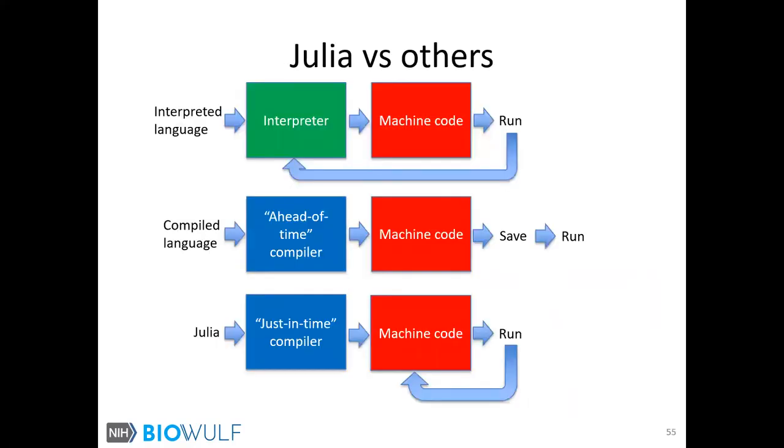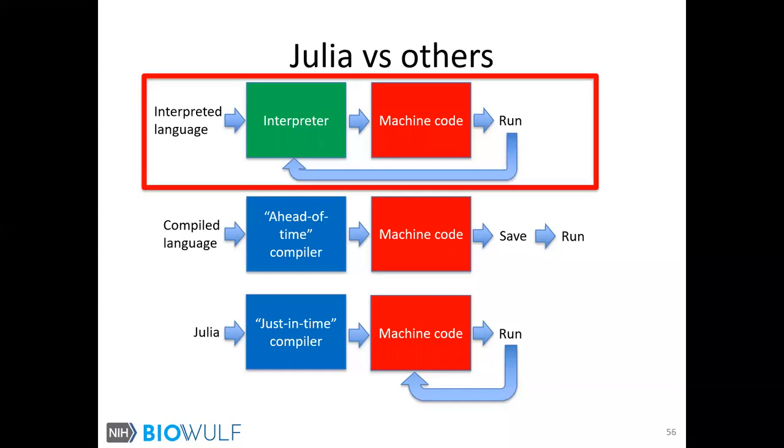But I mentioned earlier I was going to go into the differences between interpreted languages or implementations of a language and compilers, and there's a third way, the way Julia does it. Julia is not the only one to do it, but Julia uses something called just-in-time compilation. An interpreted language, shown on top of the slide, basically just means that you start with your script and you run that by an interpreter.